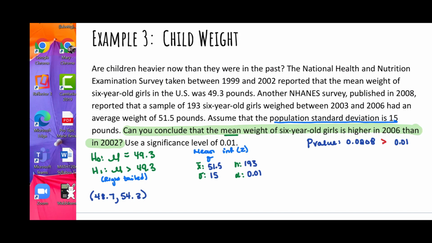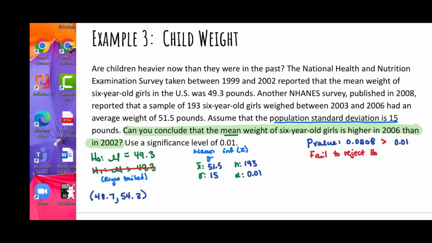And if it is greater, that's when we fail to reject the null, because we're saying this sample mean that we got with the assumption that the null is true, this is likely. This is a likely occurrence. If the true mean is really 49.3, then getting a sample mean of 51.5 could be a common occurrence. And because of that, we don't have enough evidence to reject this. And so if we can't reject that, that means we don't have enough evidence to support our H1.